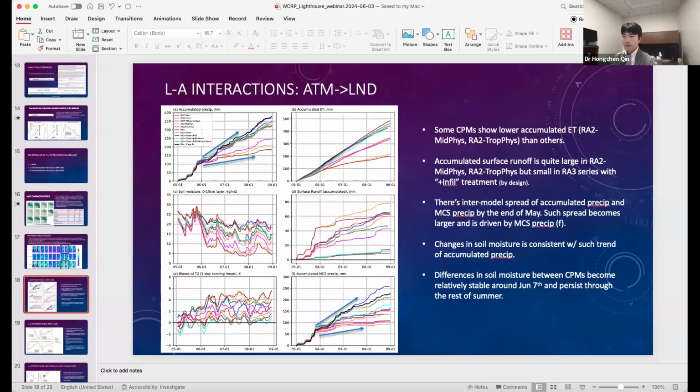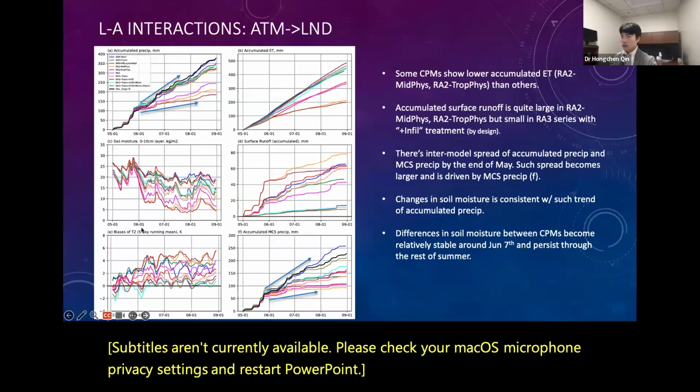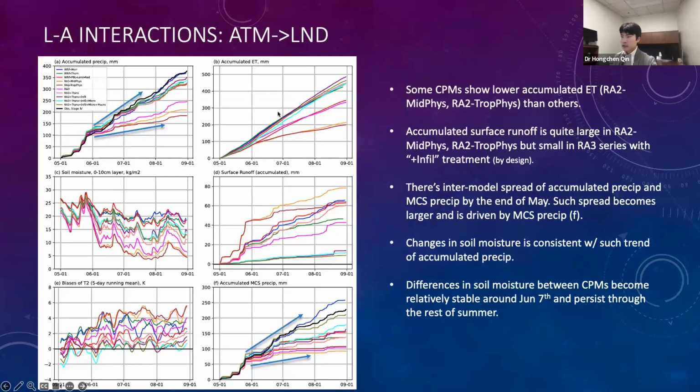I do see that the accumulated ET panel seems to be more linear than other curves, where you see more jagged variation. Can you share the screen? Sure.